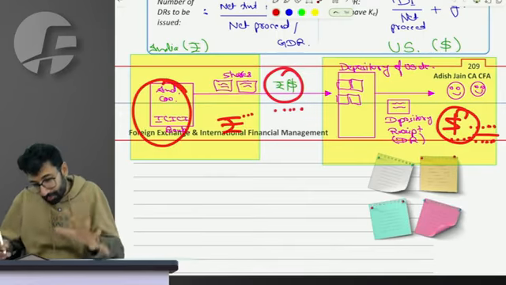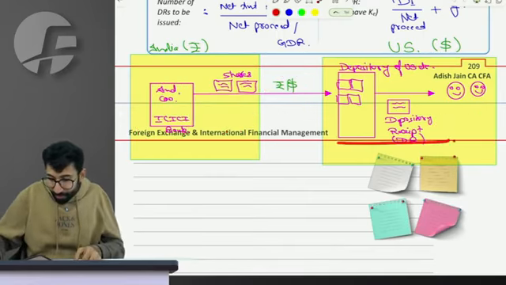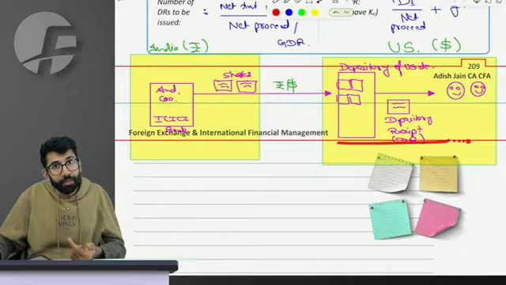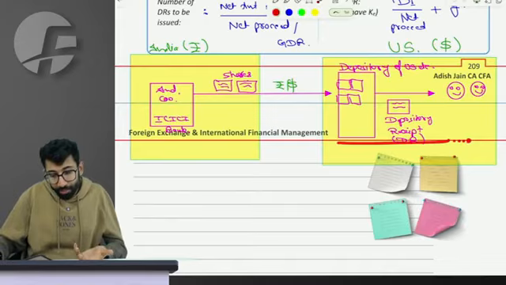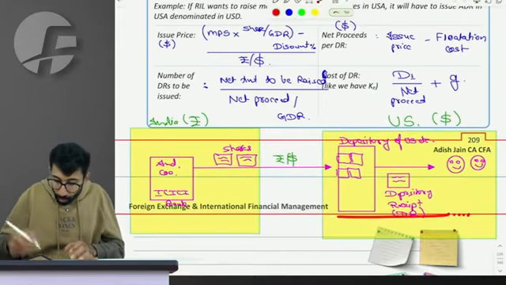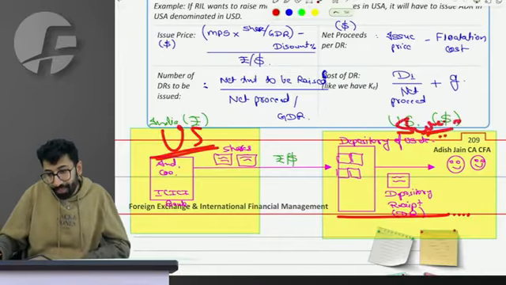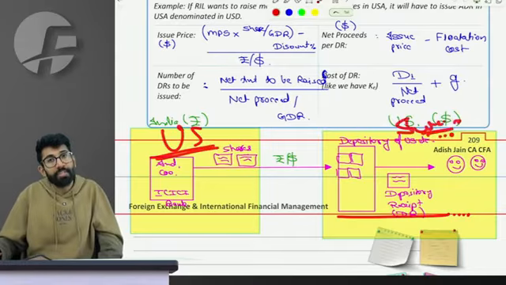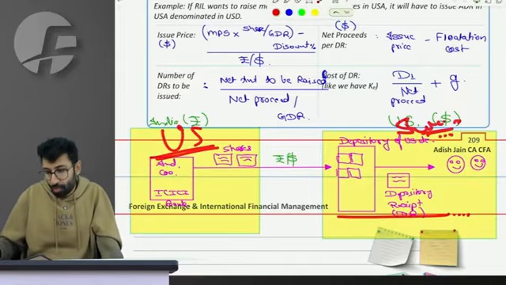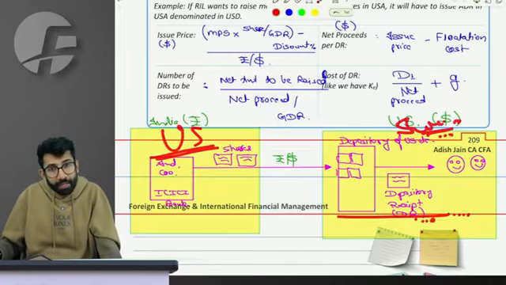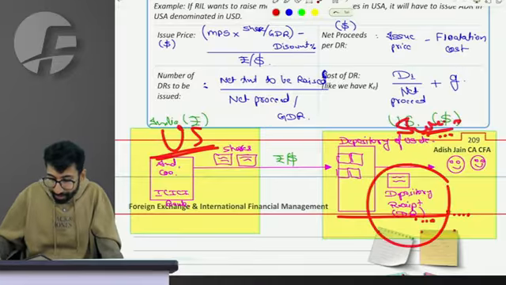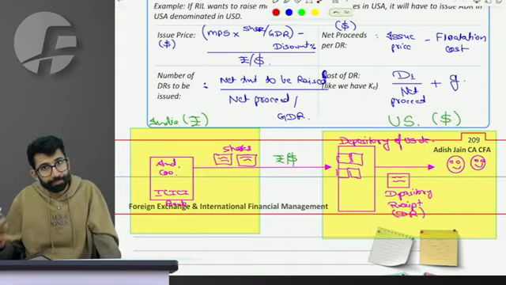Agreed? Now, when these depository receipts are issued in the American market, we call it ADR. When a US company issues depository receipts in India, which means they come to an Indian authority, and the depository receipt is issued by the Indian authority, sir, that is IDR, and so on.